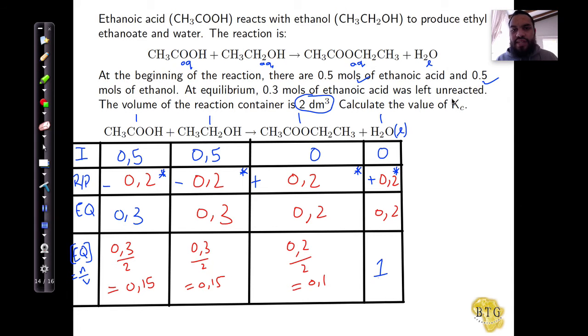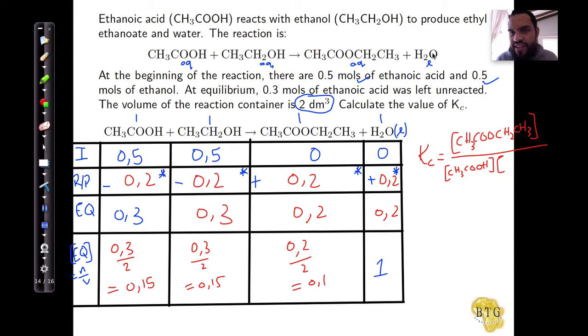You can leave out the pure liquid or the solid in this case. So let's write it down on this side. Kc is equal to the concentration of ethyl ethanoate, CH3COOCH2CH3, raised to the power of 1, divided by the following, which has to be CH3COOH, raised to the power of 1, because it's all 1:1:1:1.